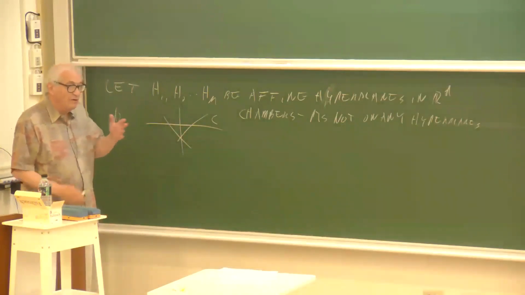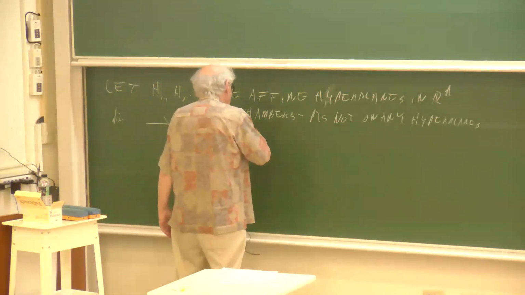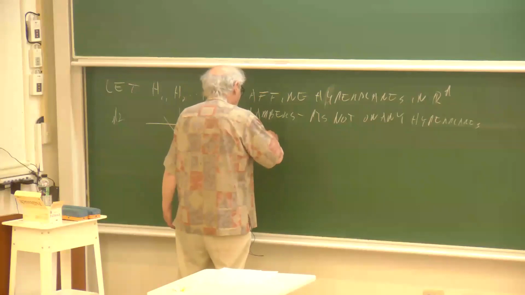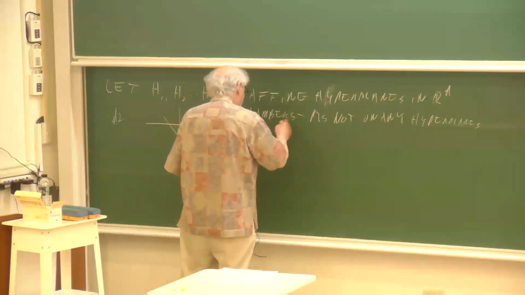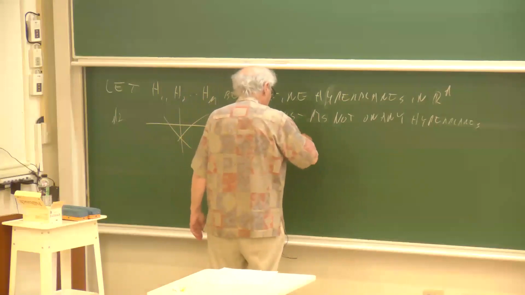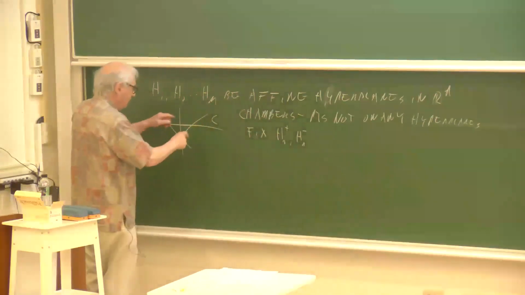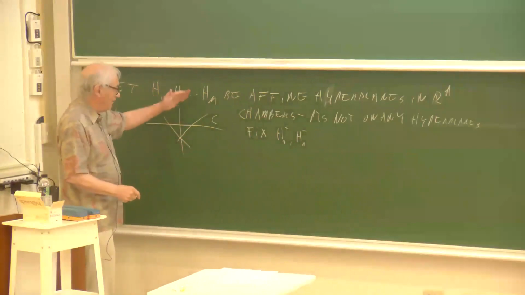Once and for all, it's not crucial, but I'll use it: we fix at the start a positive and a negative sign for each side of each hyperplane. So maybe for this hyperplane, this is the positive part and that's the negative part.